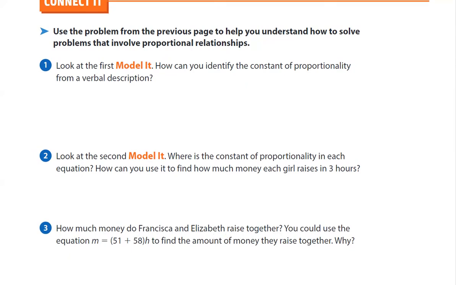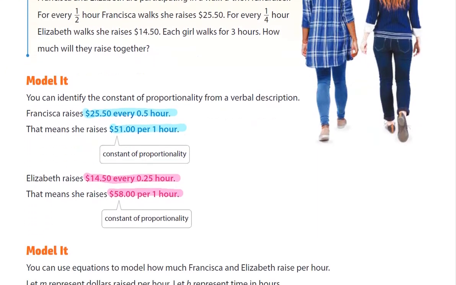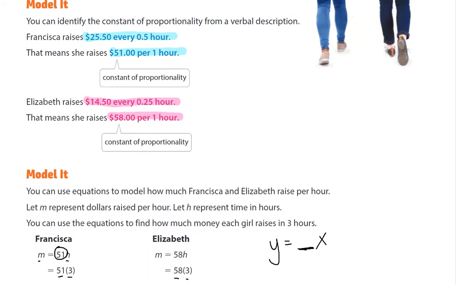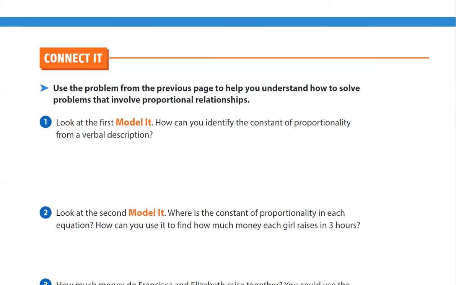For number 1, look at the first model. How can you identify the constant of proportionality from a verbal description? Well, the verbal description is what? Francisca raises $25 every 0.5 hours. So what you would do is, I'll type this one up.